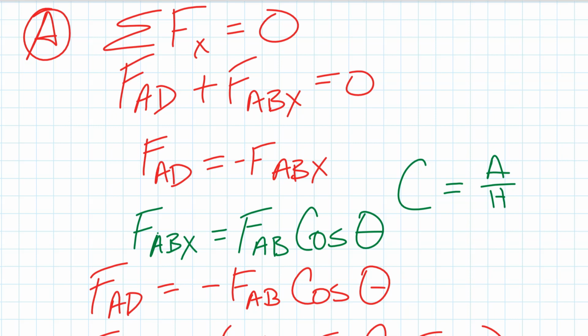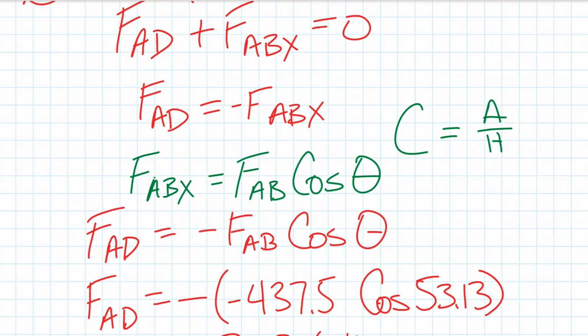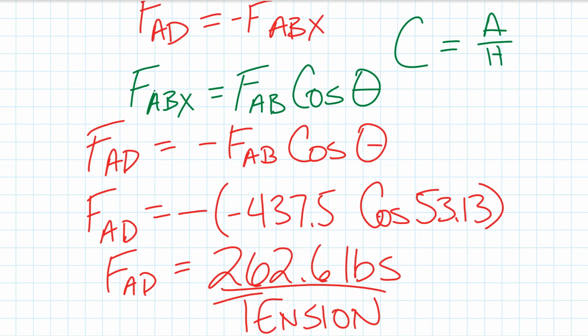I switched to green to show that cosine is equal to adjacent divided by hypotenuse, and if we rearrange that to solve for the force in the X direction, we get the force on member AB, which we know, times cosine of the angle, is equal to that force in the X direction. So I replaced it with the equivalent term and then calculated it using the negative and the negative 437.5, which ends up being a positive.